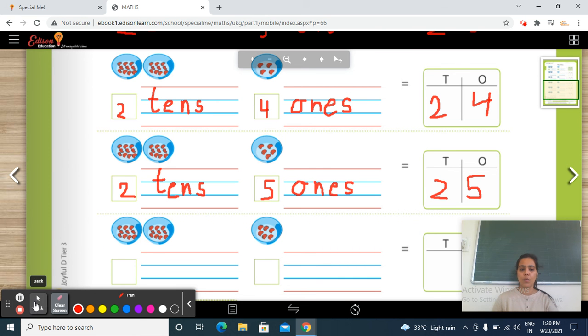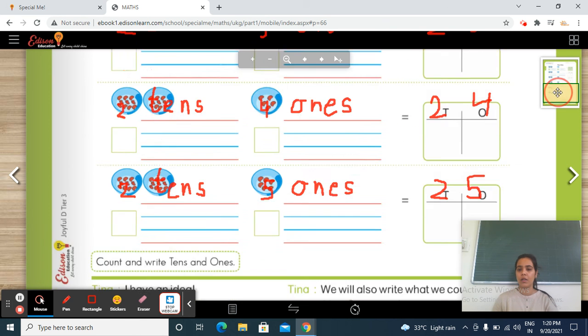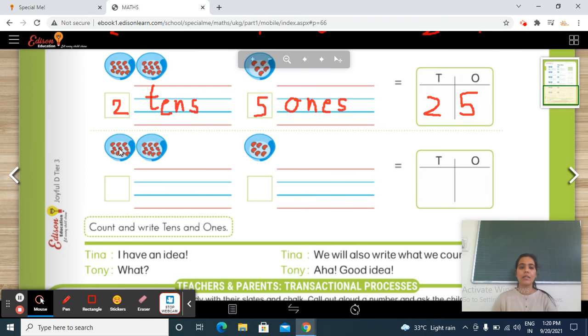Now come on to the next one. Here the last one is again two tens, T E N S, and how many ones, students? One, two, three, four, five, six.